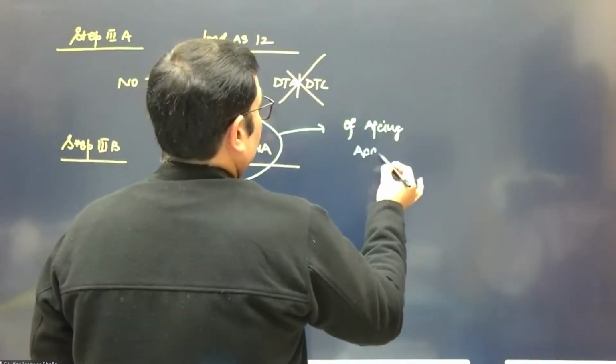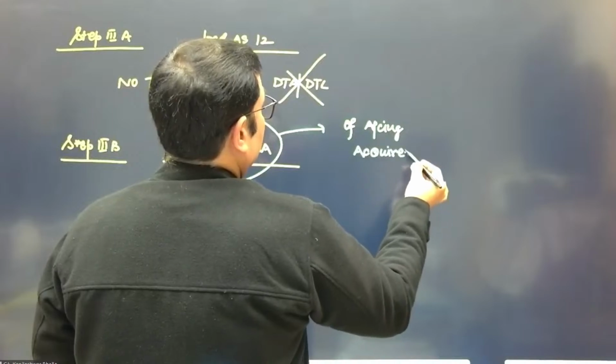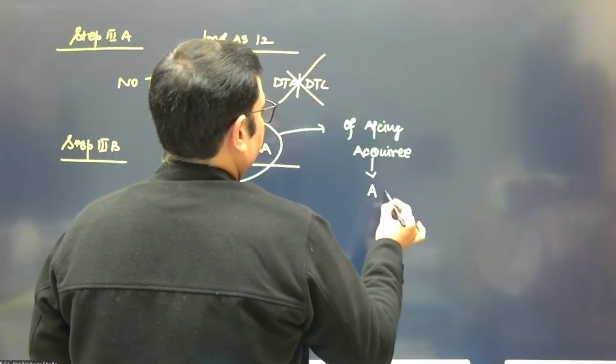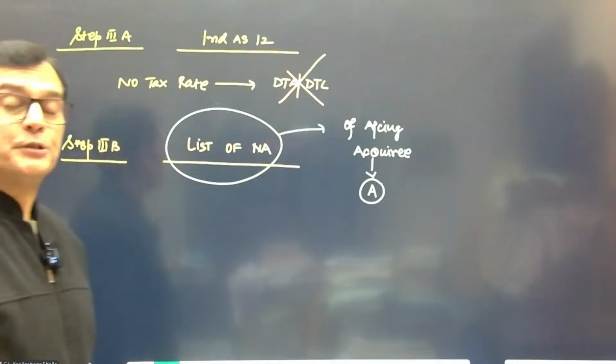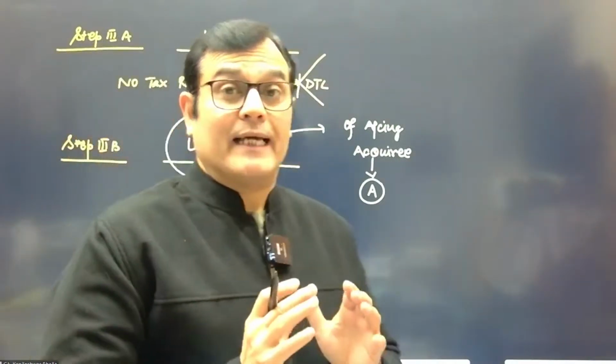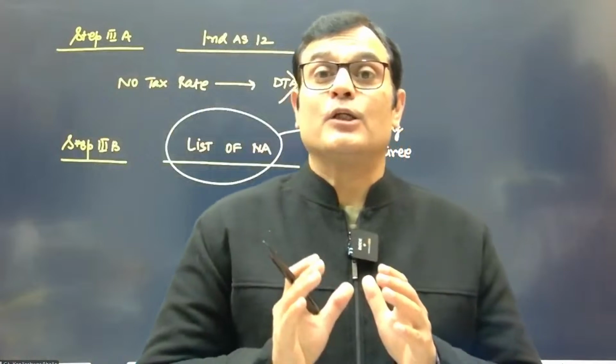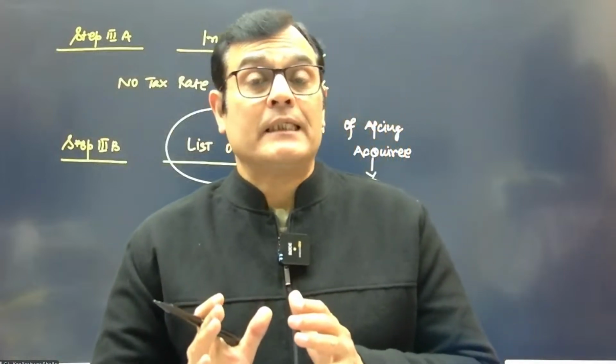And in this case, we know the accounting acquiree is supposed to be entity A. So we need the net asset list of the accounting acquiree at this stage. So we're going to look at the balance sheet of A and not the balance sheet of B in order to get this list of net assets.